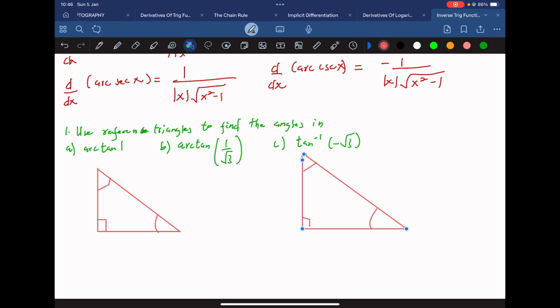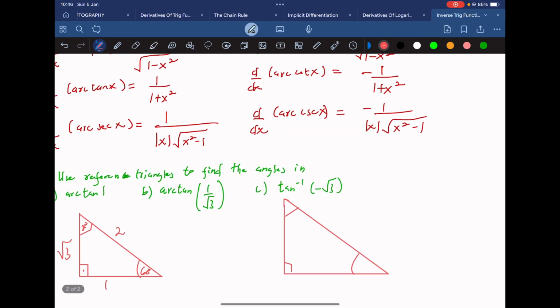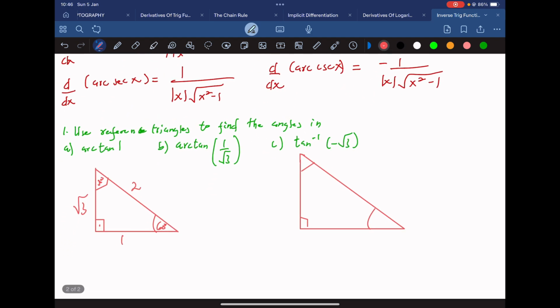This angle right here is always 90 degrees. This is always 60 degrees, and this is 30 degrees. Using the Pythagoras theorem, this side is 1, this side is 2, and this side is root 3. In the other triangle, this angle is 90, as always. This is 45, and this is 45 degrees. This side is root 2, this side is 1, this side is 1.